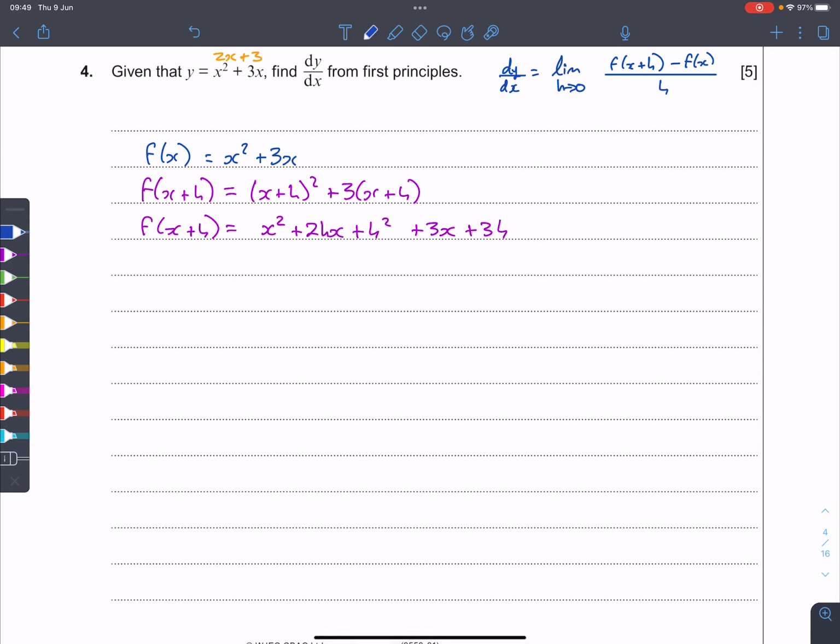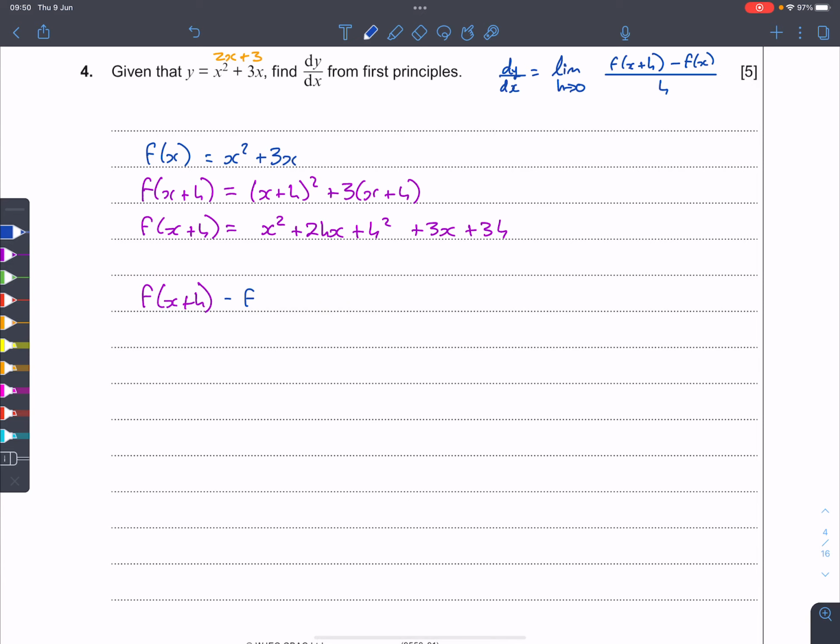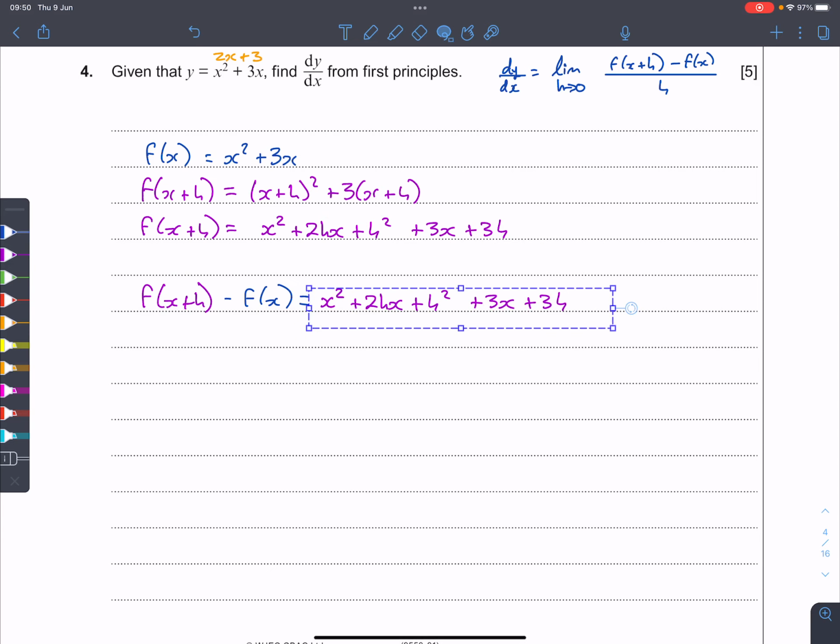Okay, now I'm going to try and sort out this top line. So I have f of x plus h minus f of x. Well, that will be this f of x plus h. And I want to take away these terms.